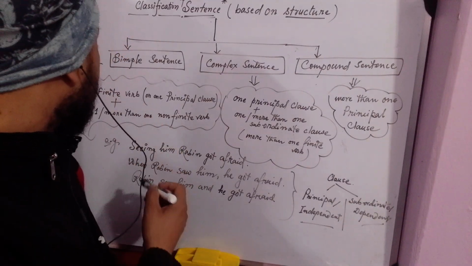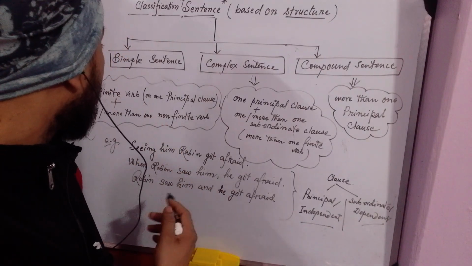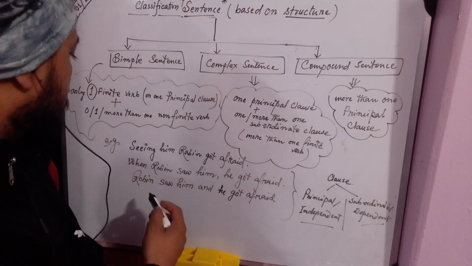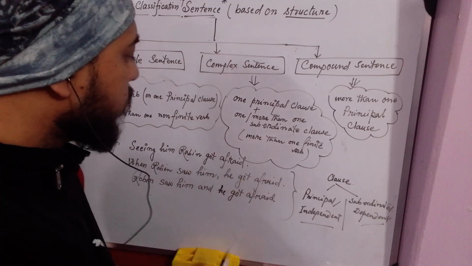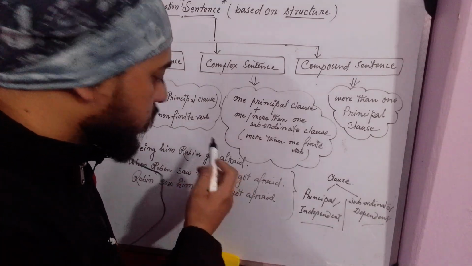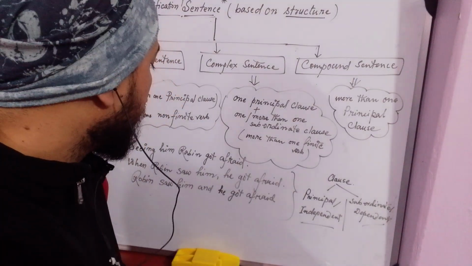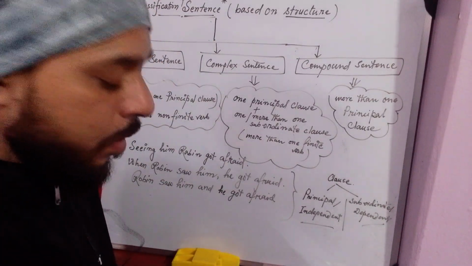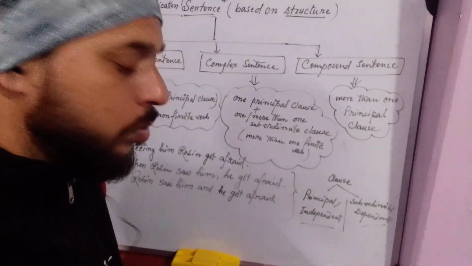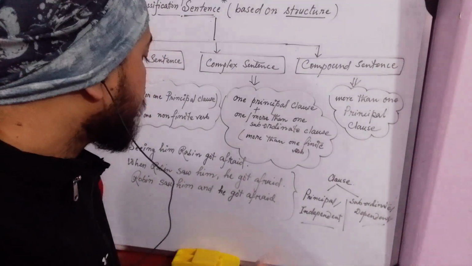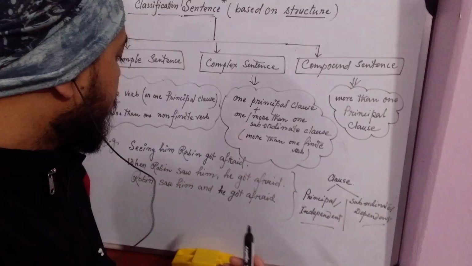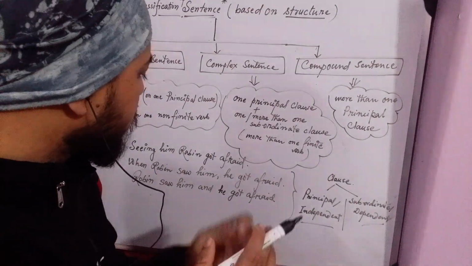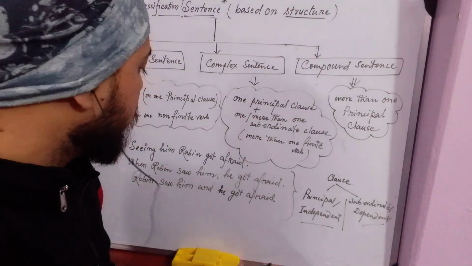So here, simple sentence. Let's go back to the definition of simple sentence: only one finite verb. For example, seeing him, Robin got afraid. Here, got is a verb, that is a finite verb. Earlier we have discussed what a finite verb is, that is limited to tense, mood, or different other aspects of grammar, that agrees with the subject.